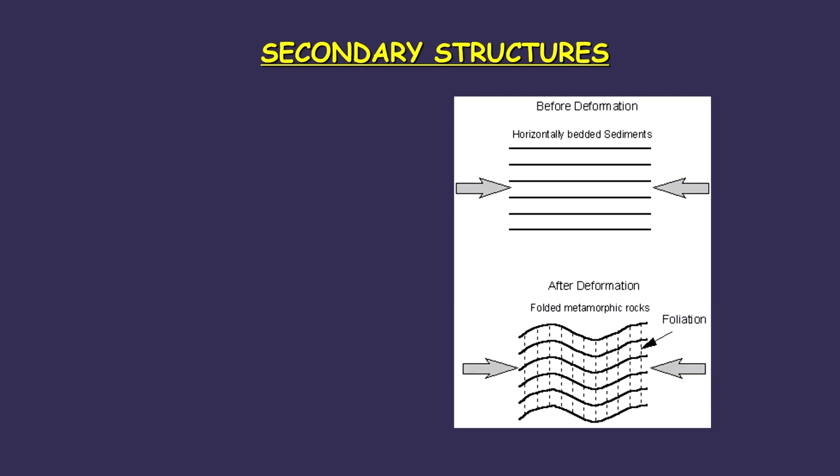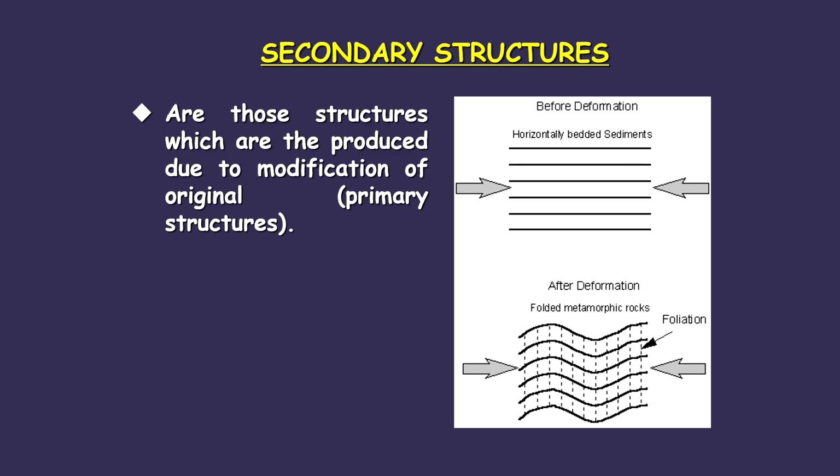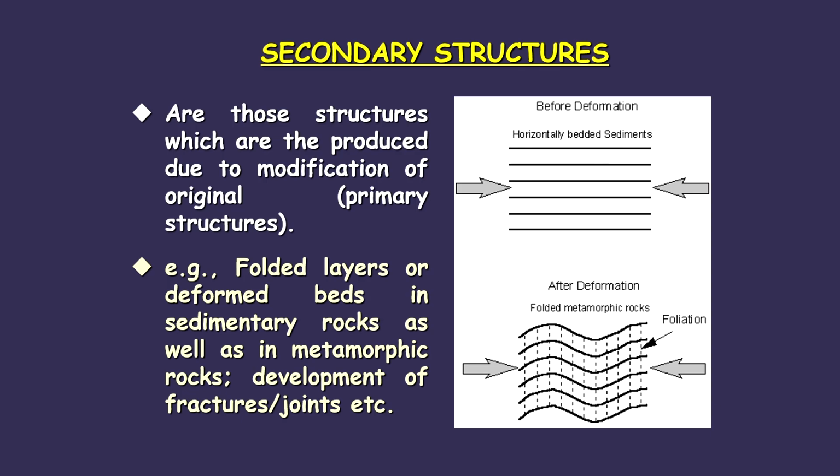Okay. So secondary structures, basically we try to see that the thumb rule, as I told, is your horizontal deposition and then subjected to deformation. So in terms of the metamorphic rocks, we see the foliations and all that, and in terms of the sedimentary rocks or the sedimentary successions, we will see folding and fracturing or the displacement, that what we call fault.